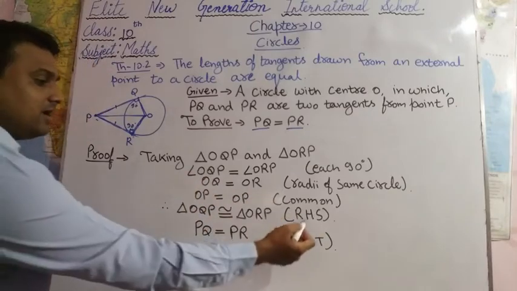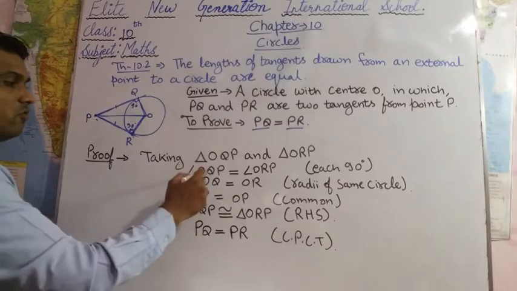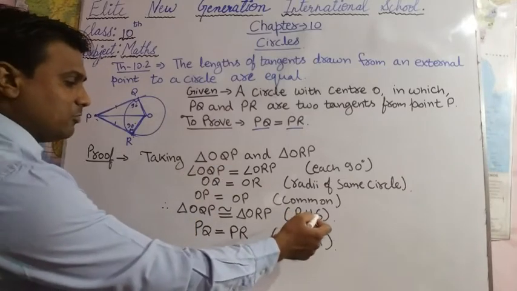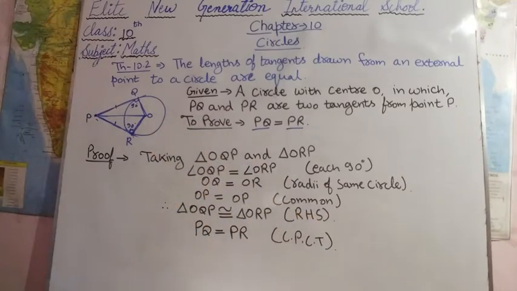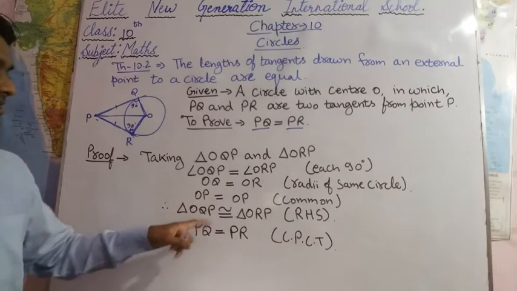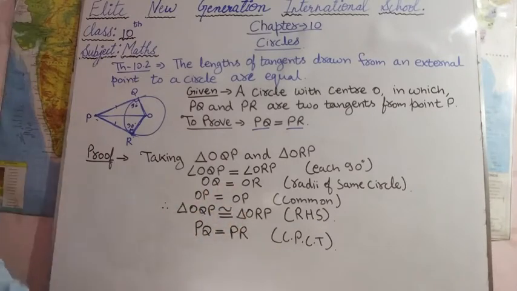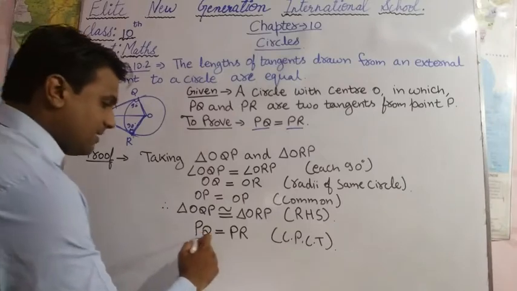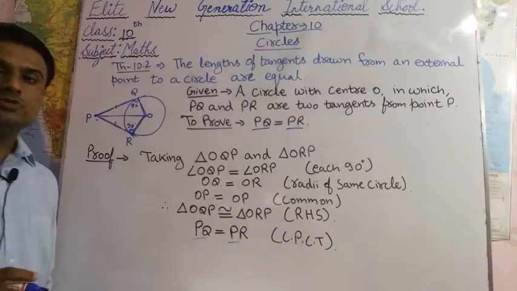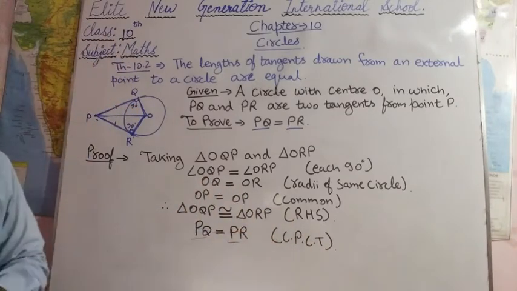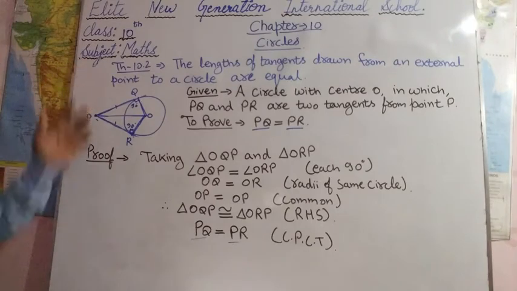RHS means right angle, hypotenuse, side. Here one angle is a right angle, one is the hypotenuse and another is any side. Since the triangles are congruent, PQ equals PR by CPCT, that is corresponding parts of congruent triangles. In this way we prove this theorem.